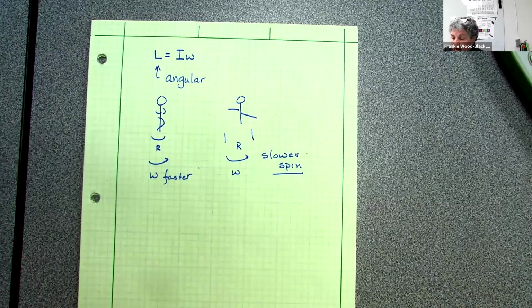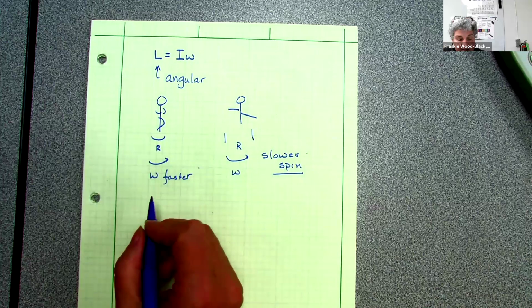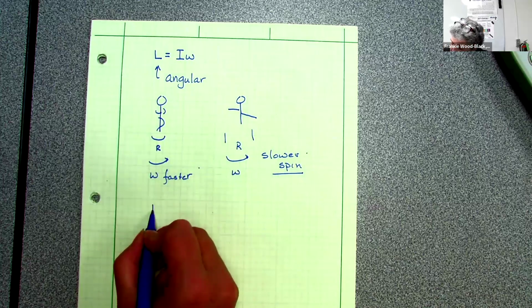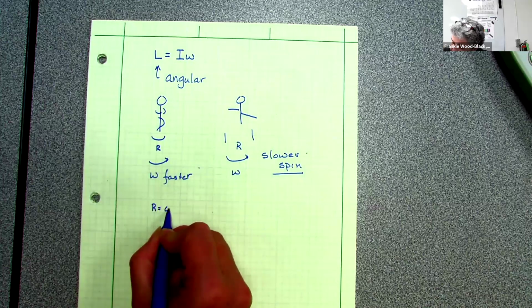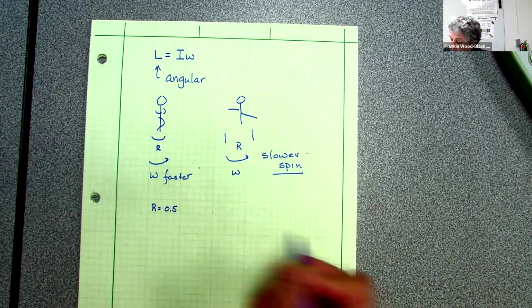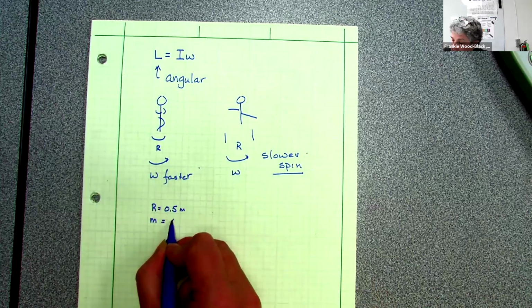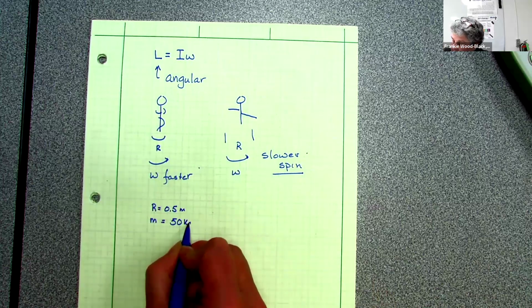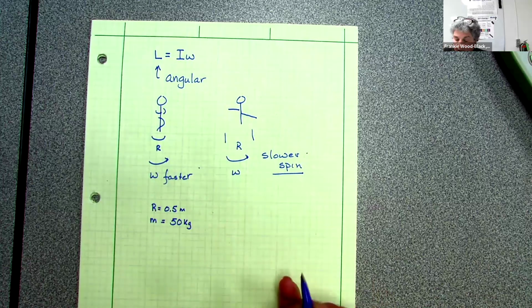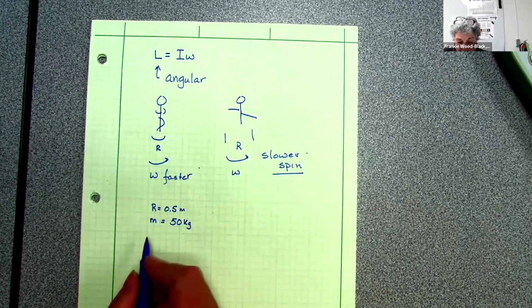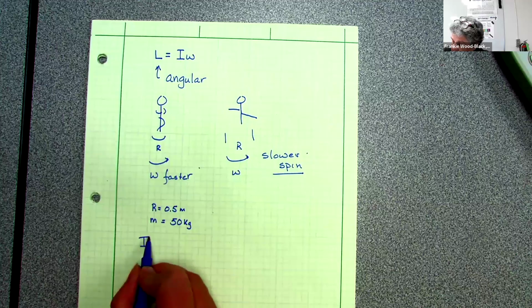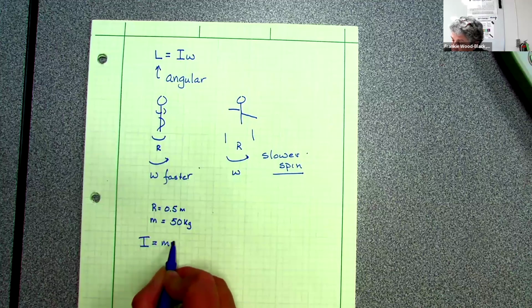So we're going to start with a person whose radius is going to be 0.5 meter. The person has a mass of 50 kilograms. And we're going to calculate the moment of inertia. Our moment of inertia is going to be mass times r squared.